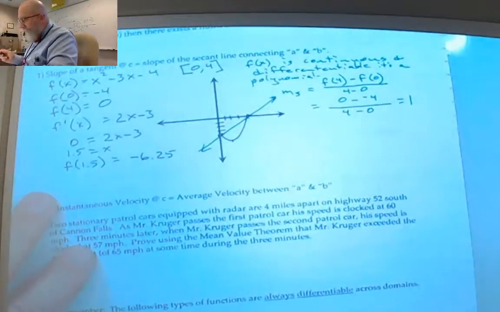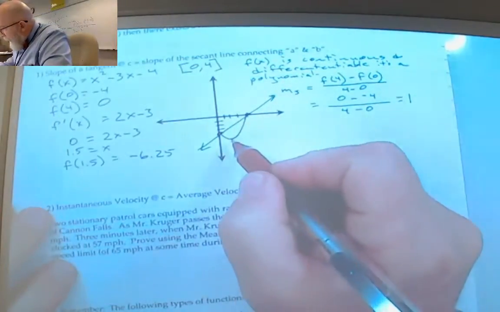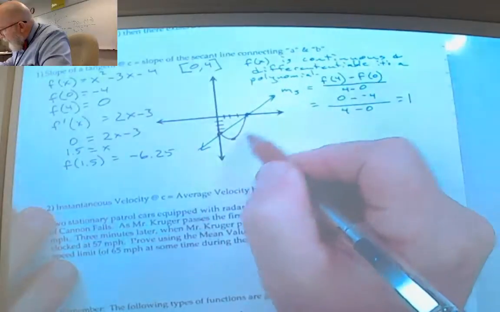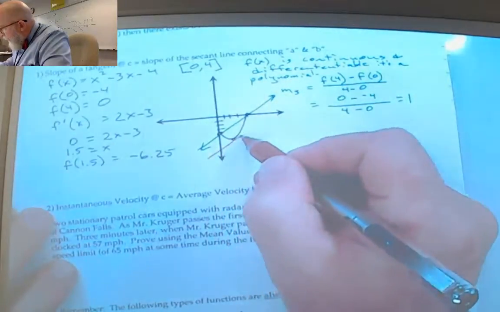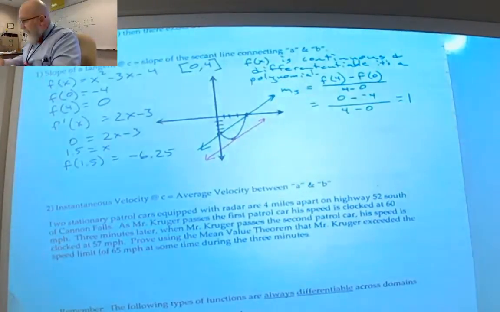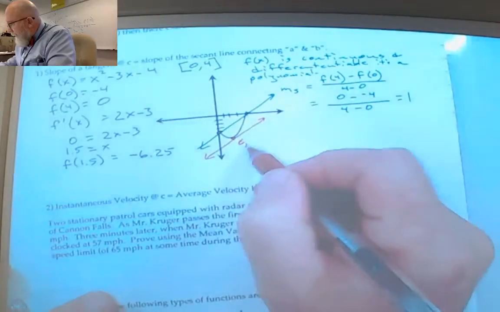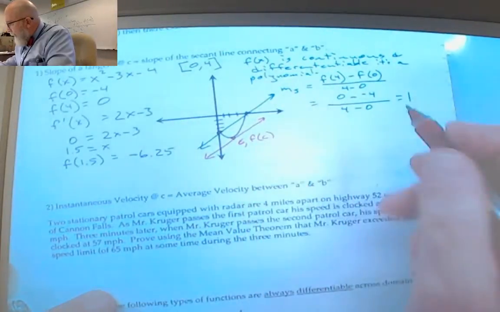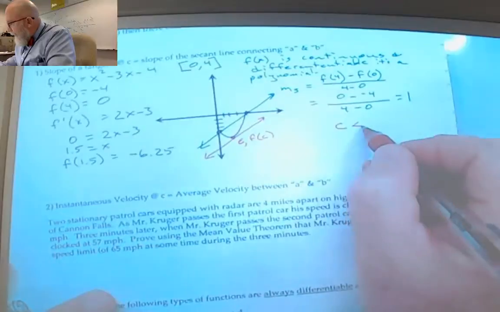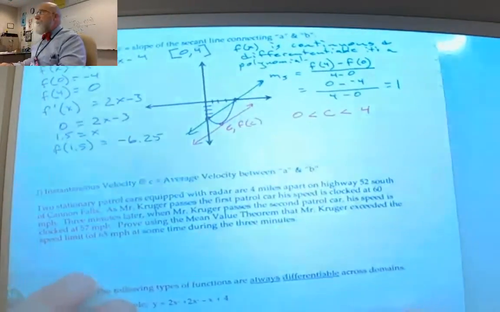Alrighty, so that must mean that I can get a different colored pen and create a tangent line. A tangent line that's also parallel, right? And there's a point here, c, f of c, where c is between these two numbers, 0 and 4.